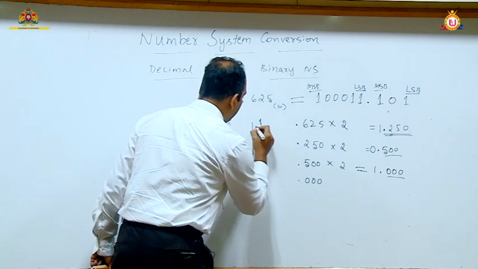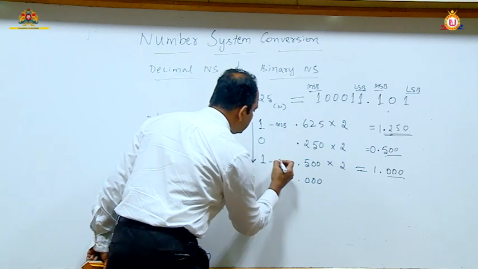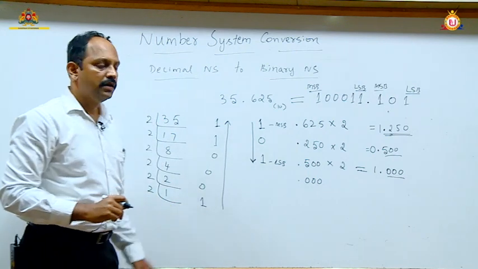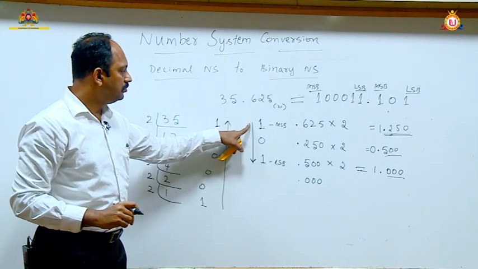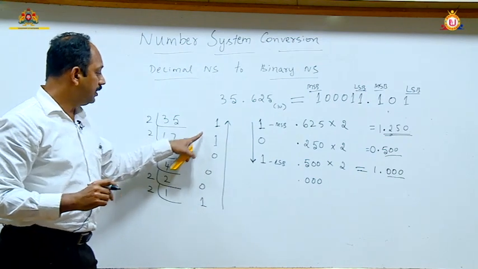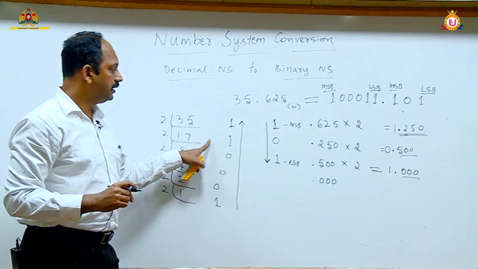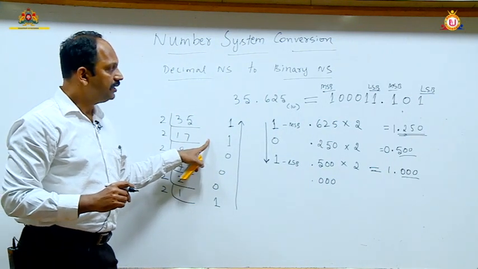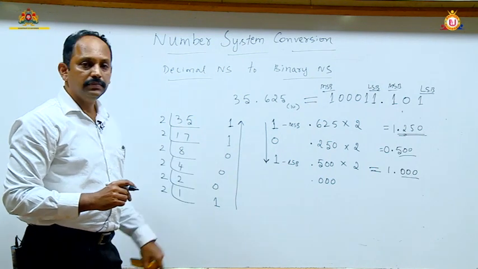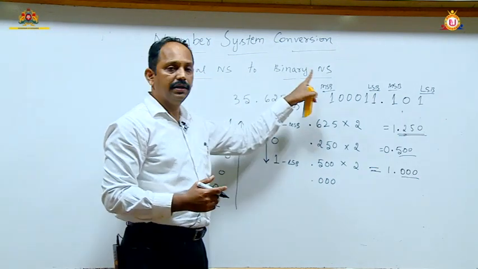That is, this place can be called MSB and this digit can be considered as LSB. So we have to write from top to bottom in the case of fractions, and bottom to top if it is the result of the integral part calculation. This is how we convert from decimal number to binary number.